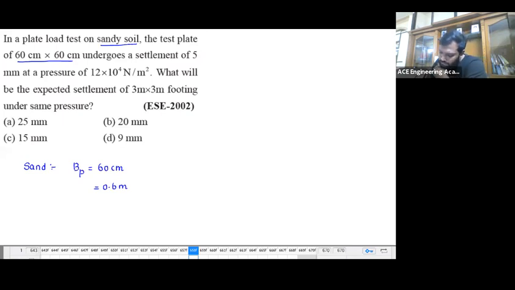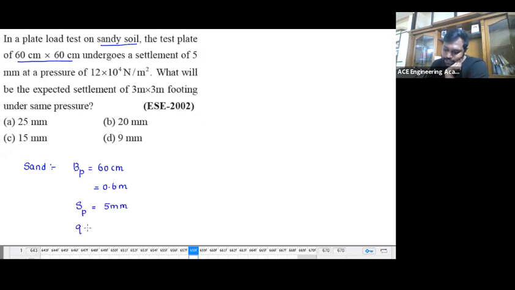So whatever this one, now BP is equal to 0.6 meters. Now, it undergoes a settlement of 5 mm. So what is the settlement of the plate here? 5 mm.